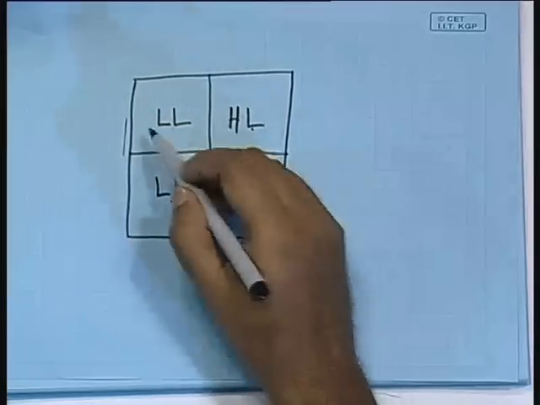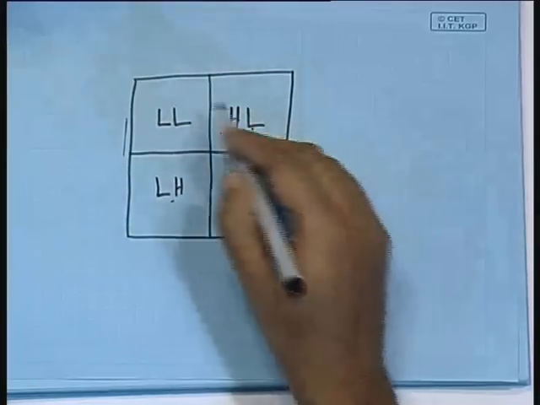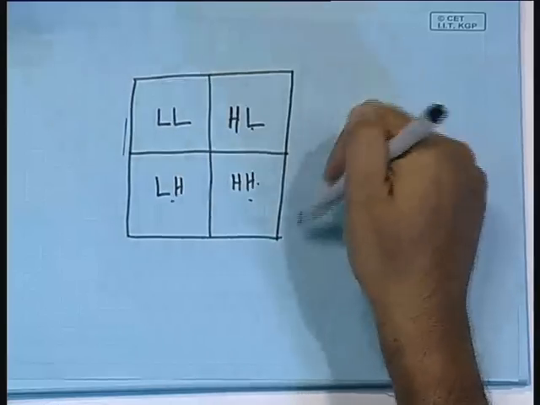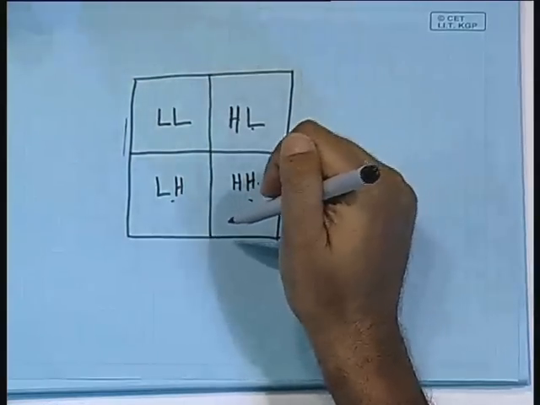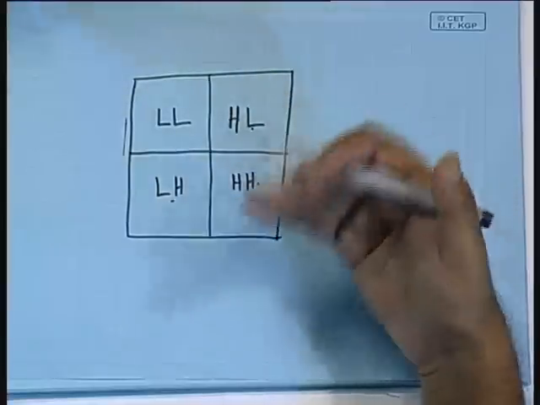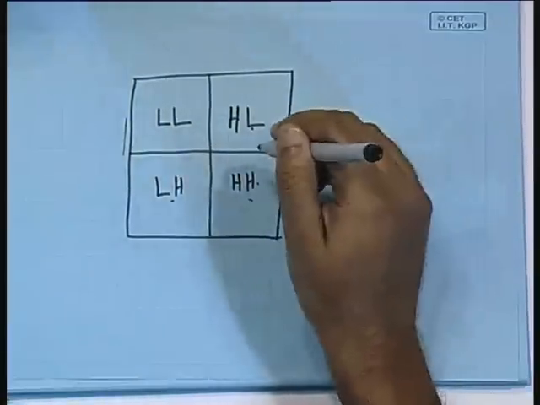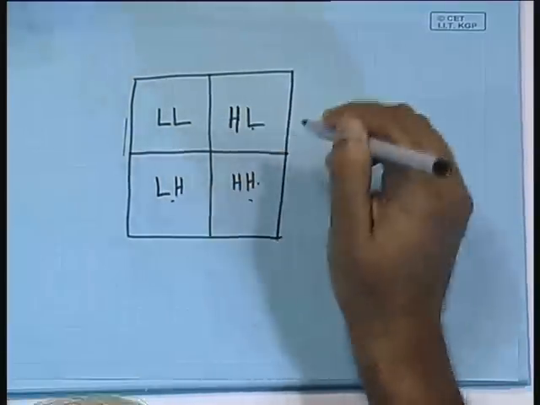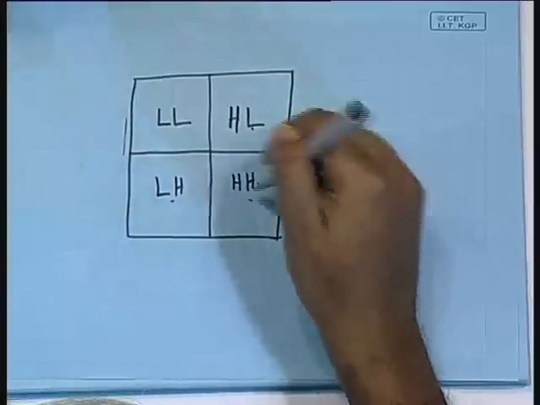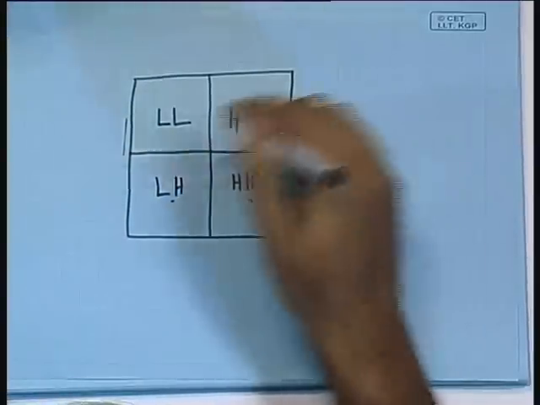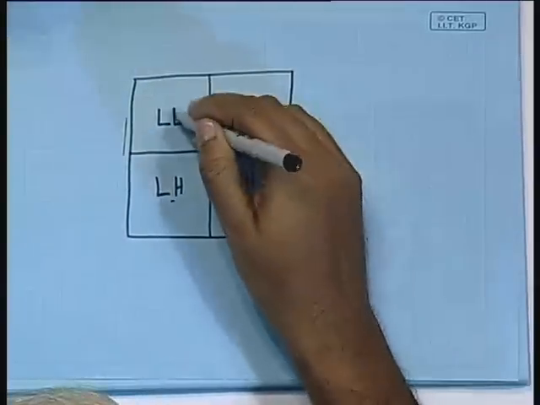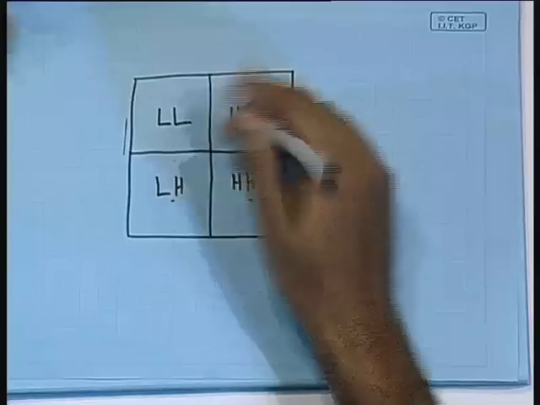If you recall, in the last class, after applying the discrete wavelet transform on the images, we essentially get 4 different subbands which we designate as LL, HL, LH and HH respectively, where LL is the low pass filtered one.